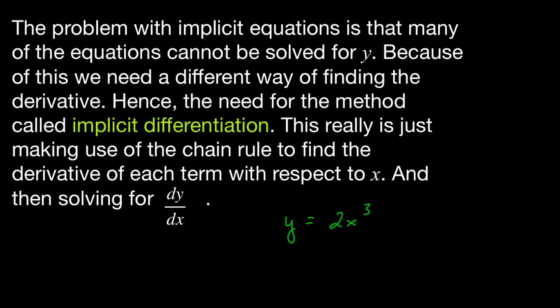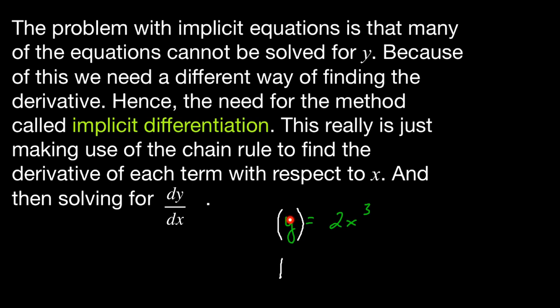Now, we need to think of this in terms of chain rule. We are differentiating with respect to x. So when we take the derivative of y, the derivative of y is 1. But then what we are doing is multiplying by the derivative of the inside part here.